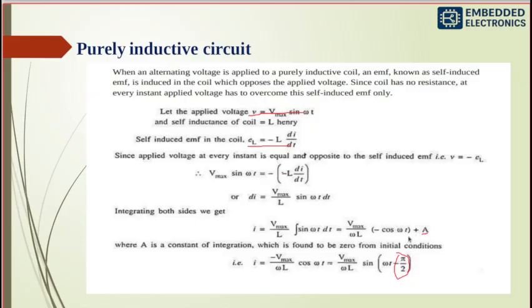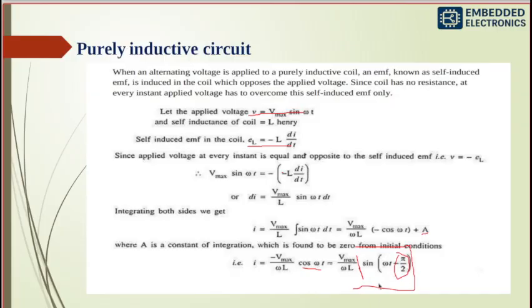It is 0 from initial conditions. So write the rest as it is. So I equals minus V max by omega L, cos omega t. But minus cos omega t, you can write like this: sin of omega t minus pi by 2.